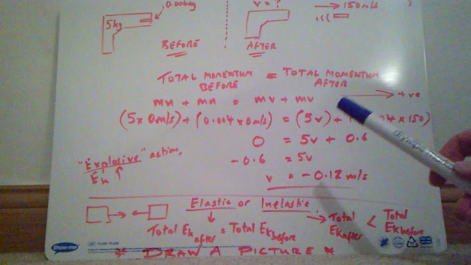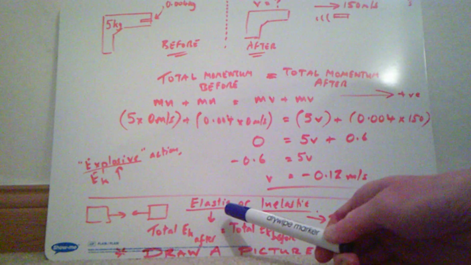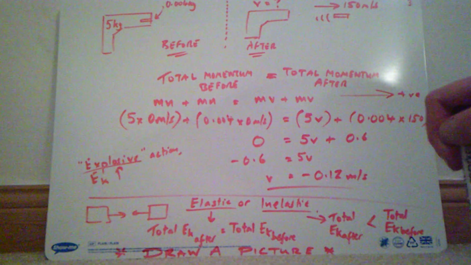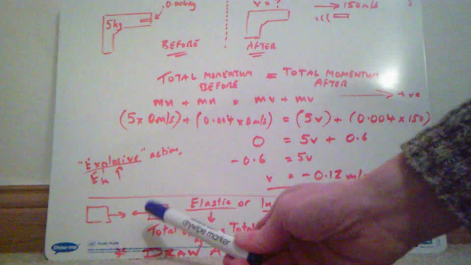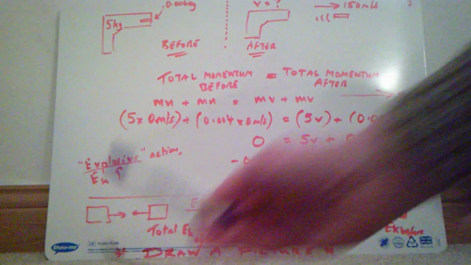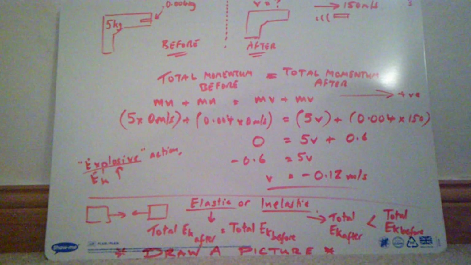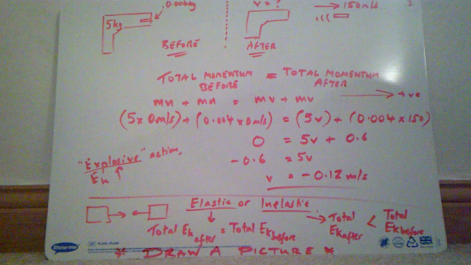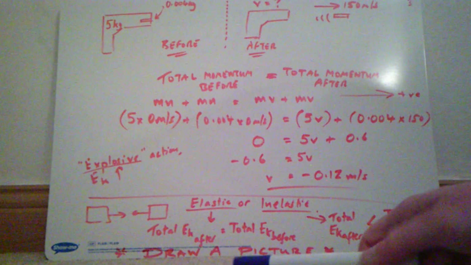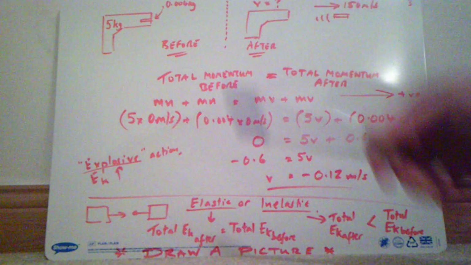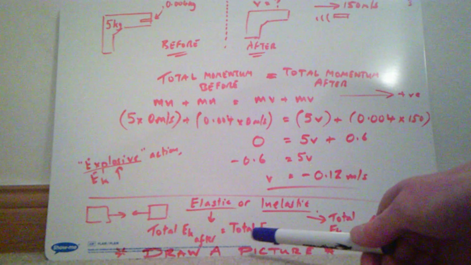So part B of a question is quite often to show whether this collision or this exchange is elastic or inelastic. So if you've got two things coming together, two cars, and they're going to smash together, to show whether it's elastic or inelastic, what you have to do is find the total kinetic energy after the smash, and find the total kinetic energy before the smash.